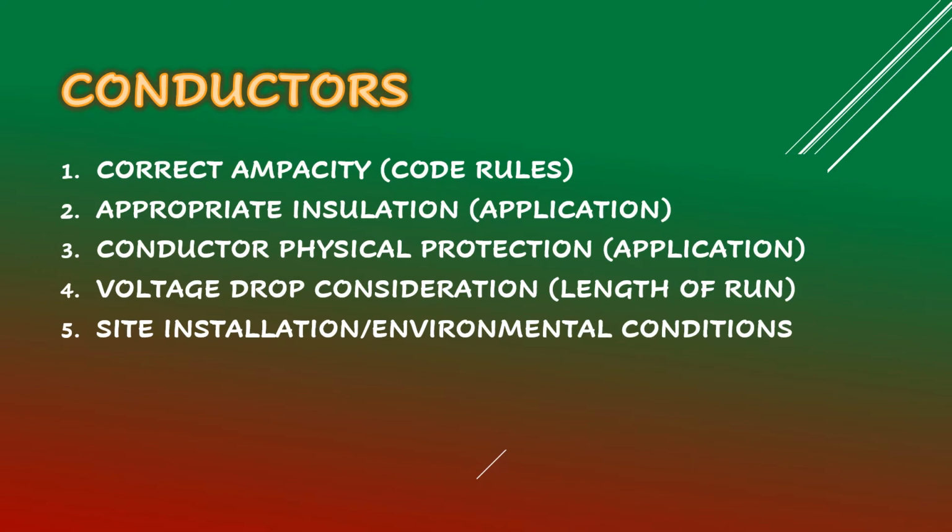Will it be installed in a snowy part of the world, or in the desert, or will the conductor be exposed to extreme temperatures? We have to consider that so that we can size the conductors properly.